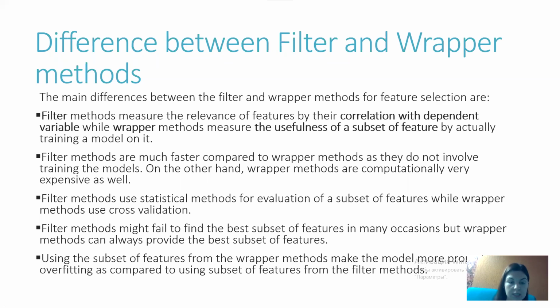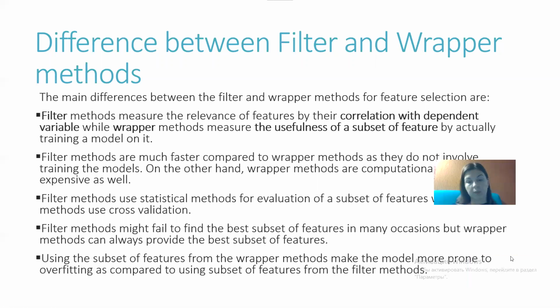Filter methods use statistical methods for evaluation of a subset of features, while wrapper methods use cross-validation. So you just check the efficiency of your model on different subsets of data. Filter methods might fail to find the best subset of features in many cases, but wrapper methods can always provide the best subset of features, so you always have some best result.